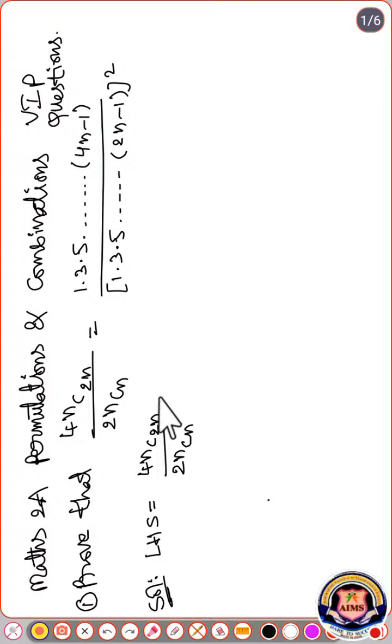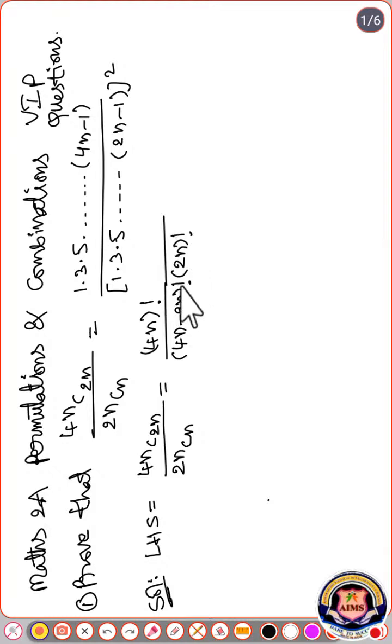Here we must use the nCr formula: n factorial divided by n minus r factorial into r factorial.